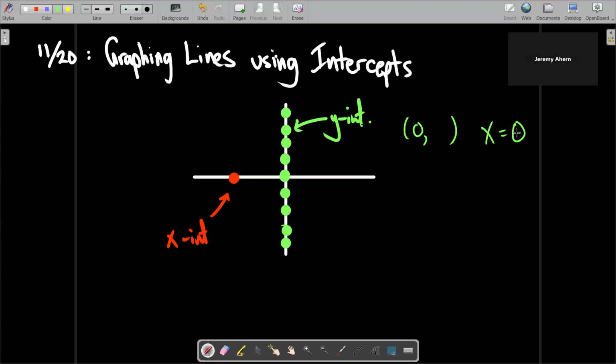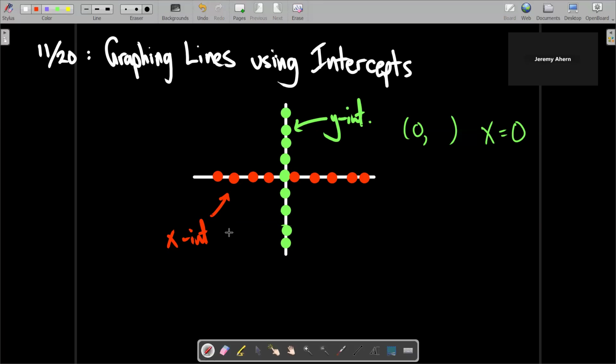I don't really want to move on until you buy it. Do we all agree that every one of those green points, if we listed its coordinates, the first number would have to be 0? Good. Now that the secret is out, I'm going to make some points on the x-axis, and I'm going to ask you the exact same question. All silly answers aside, those points are all on the x-axis, but what do they all have in common?